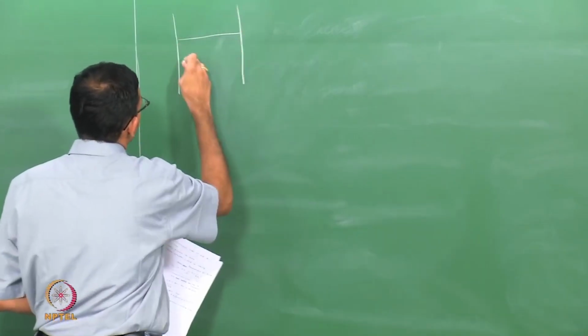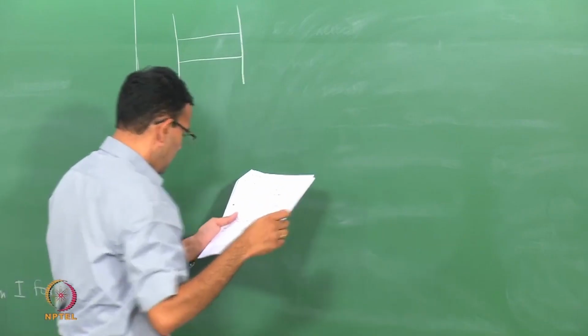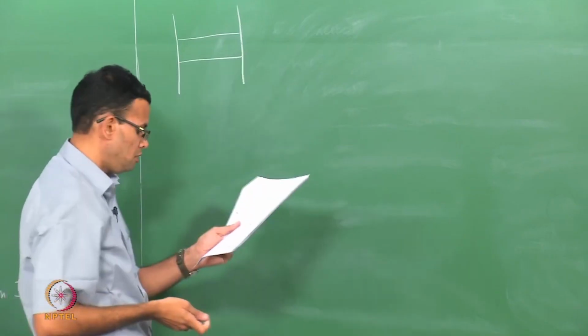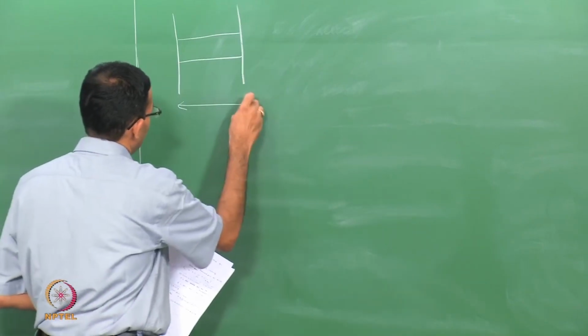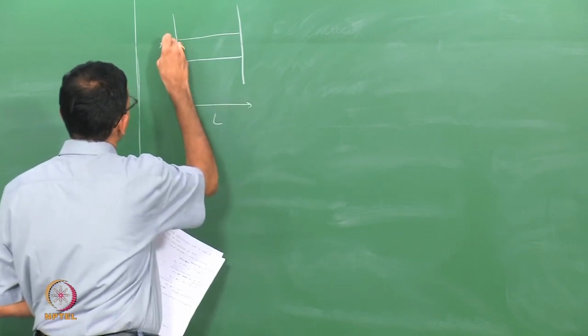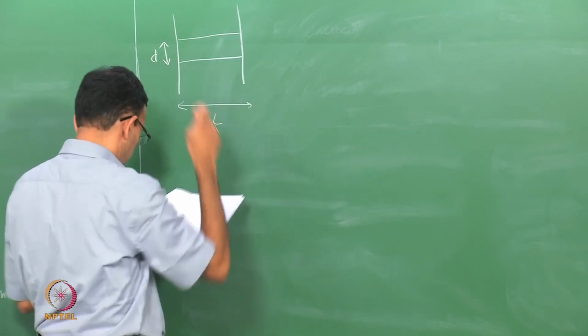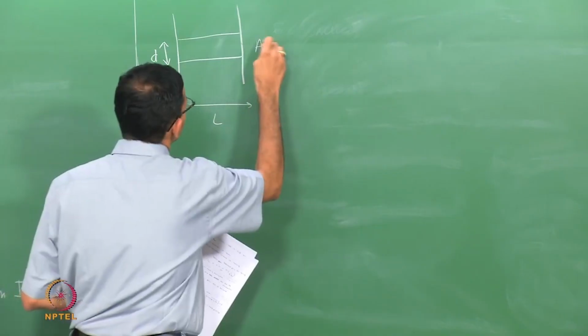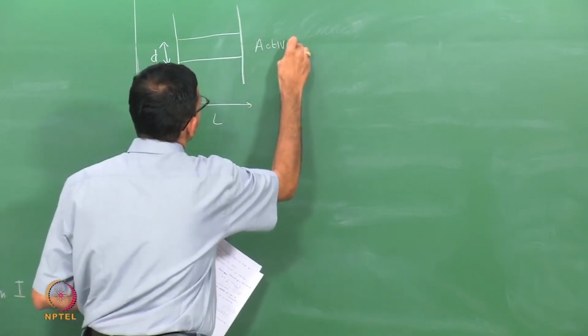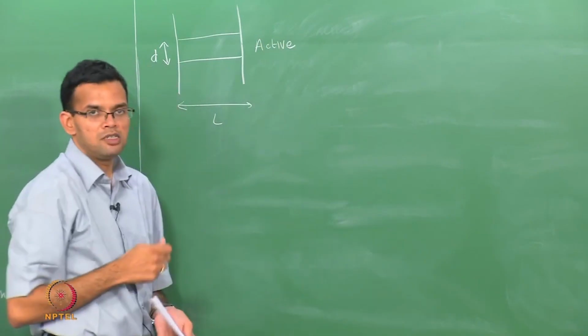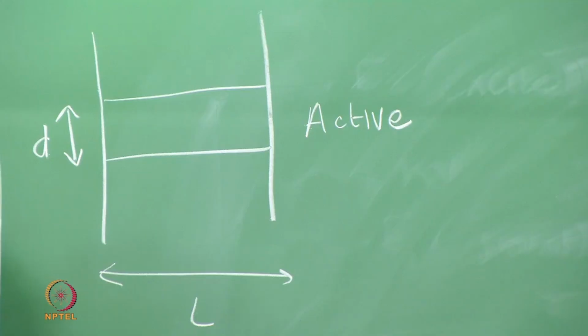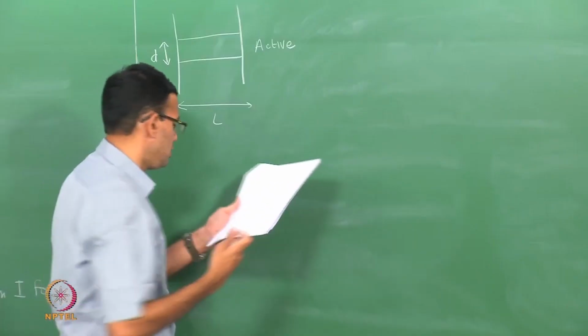This is usually done by choosing materials with different refractive index. So, these are my two mirrors. I have an active region, so the length is L, there is an active region of width D. The active region is the region where your electrons and holes recombine in order to produce the laser light.